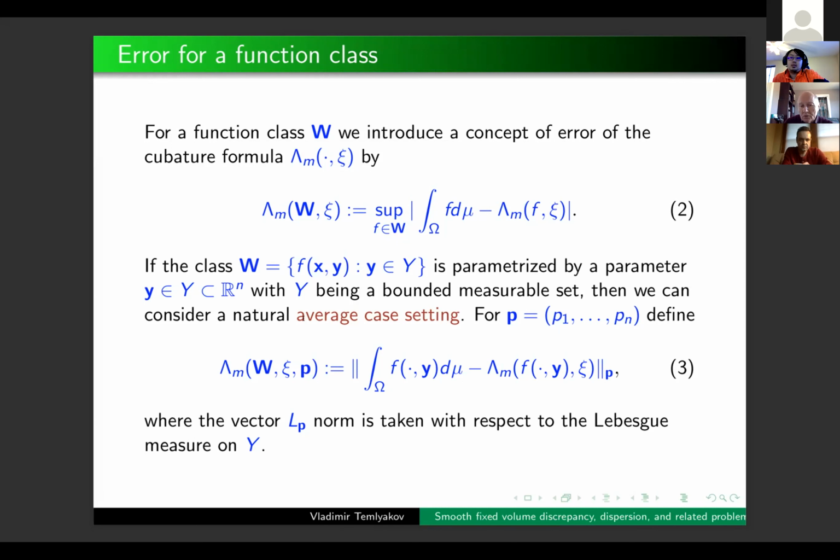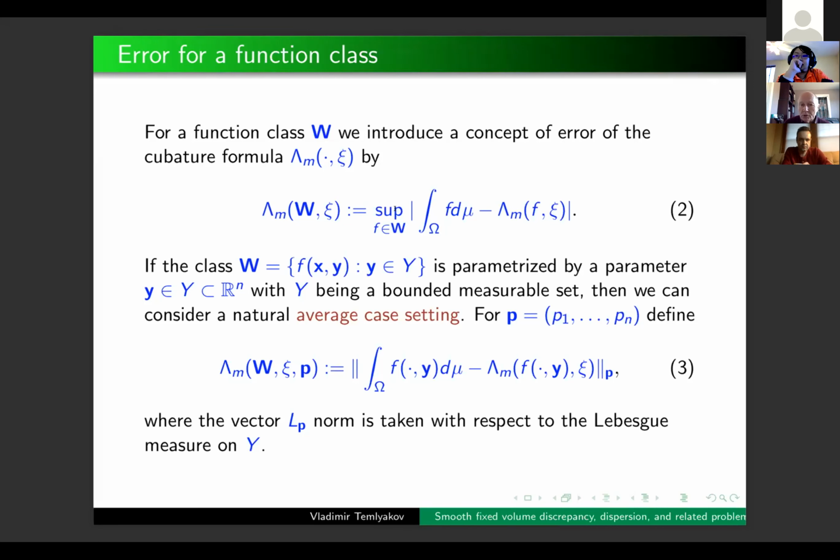This allows us to introduce what is called the average case setting. This is again the most general formulation here, because we can now consider a vector p, and it makes sense, as we will see later. For this p, instead of the supremum, which as I mentioned could be seen as the L infinity norm, we can introduce the L_p norm.